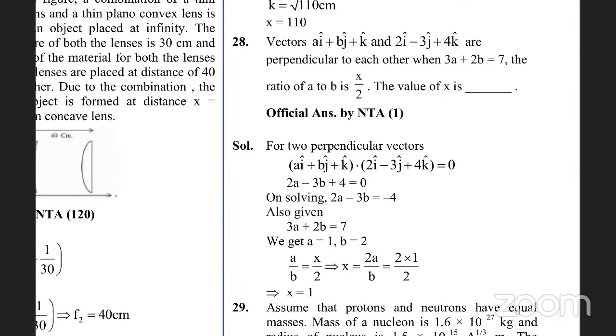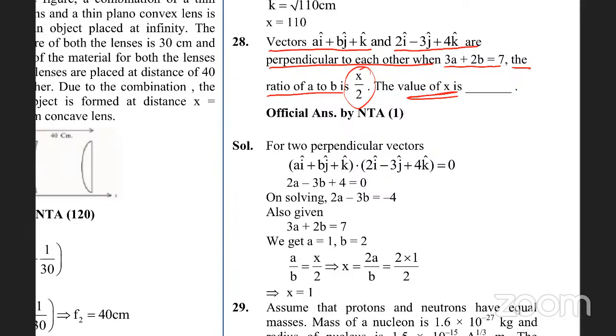Next, 28. Vectors a i cap, b j cap, 1 k cap, and 2i cap minus 3j cap plus 4k cap are perpendicular to each other. And 3a plus 2b is 7. The ratio of a by b is x by 2. Then the value of x.